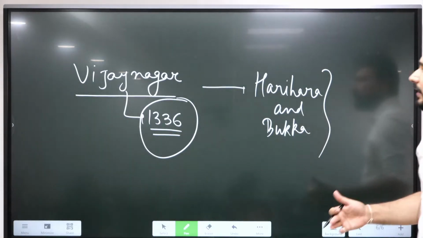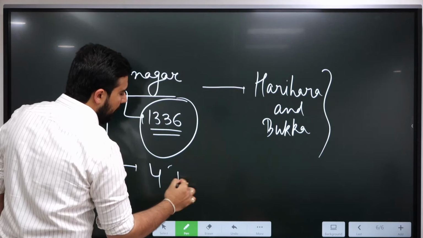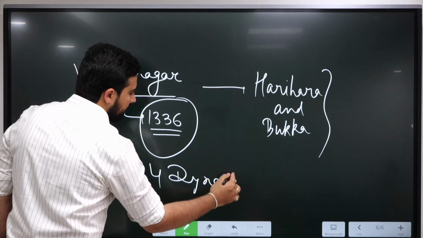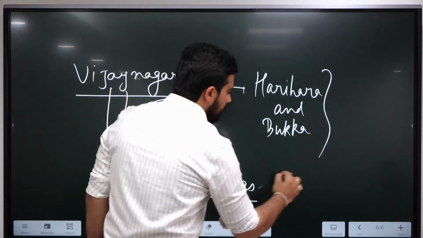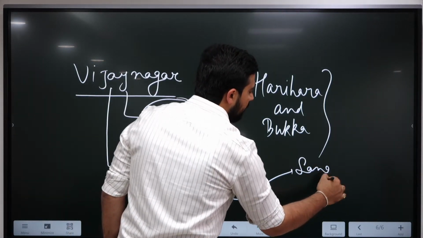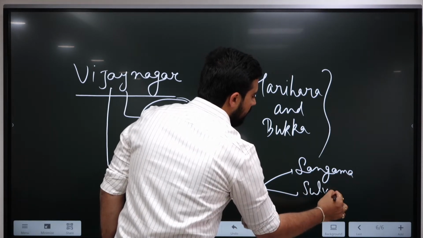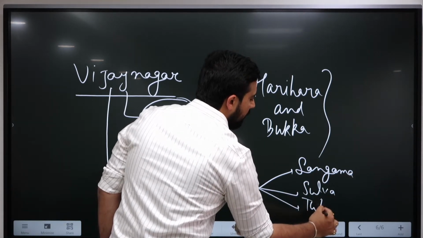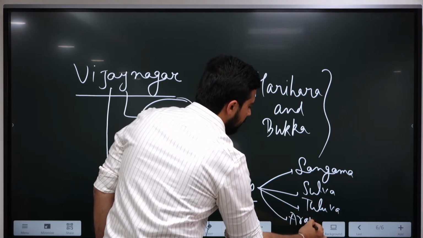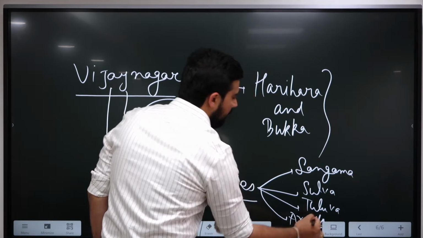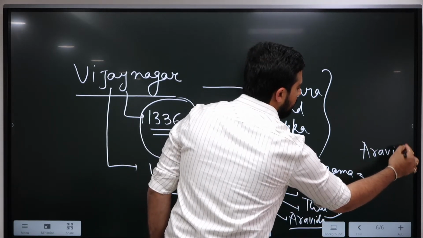Now, Vijayanagar was ruled by four dynasties. The first dynasty is Sangama, then comes Sulva, then Tulva, and the last one is Aravidu. I am writing it here: Aravidu is the last one.